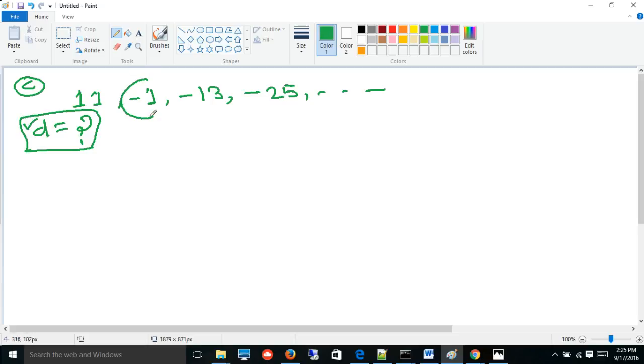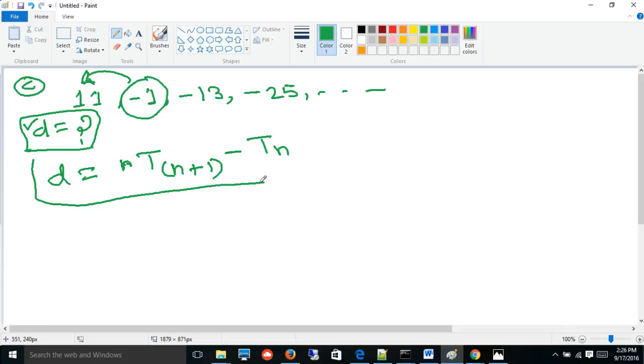The next element minus the immediate previous element. So if you want to calculate the value of D, you can say term n plus 1 minus Tn. So this is the formula to calculate the common difference.